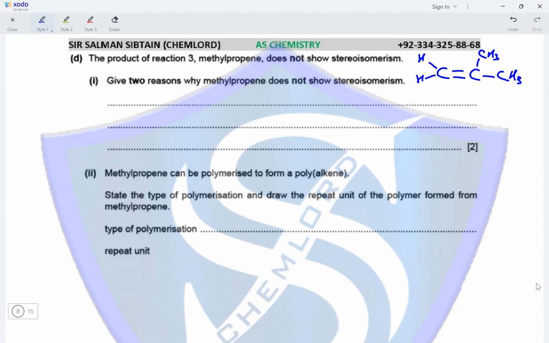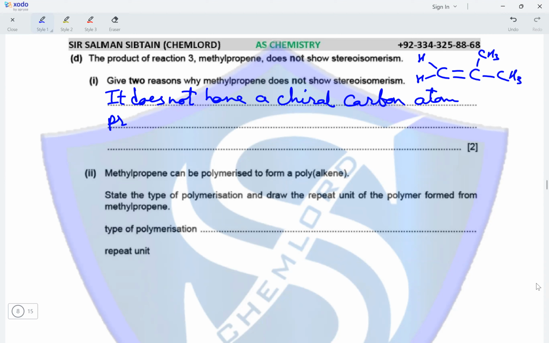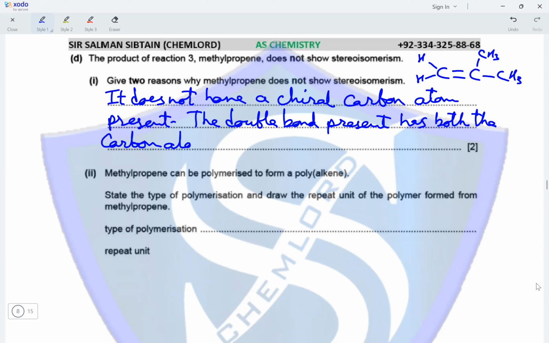The reason it does not show stereoisomerism is that it does not have a chiral carbon atom present to show optical isomerism, and the double bond present has both the carbon atoms with two identical groups present on each of them.